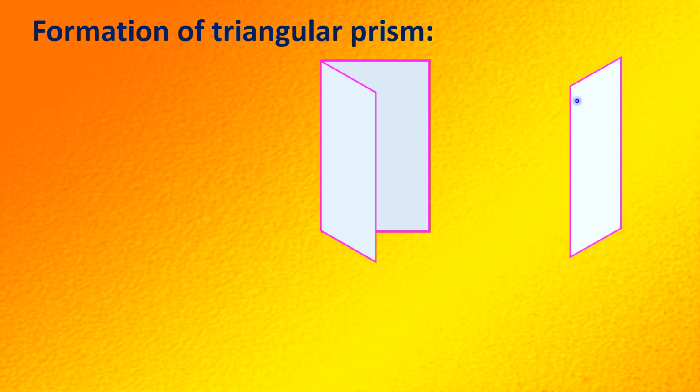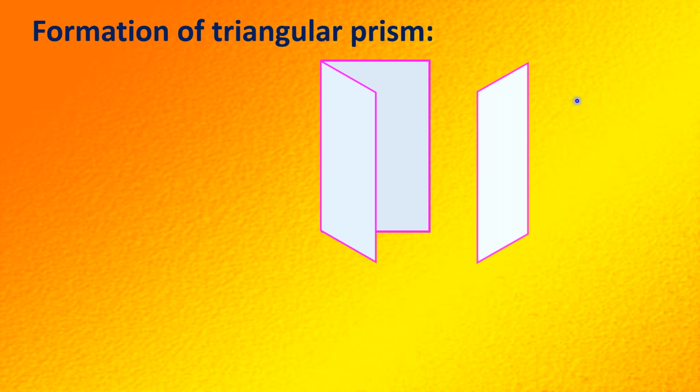That is, these three rectangular plane surfaces are joined or inclined at a certain angle. Take this plane surface, these two are inclined at a certain angle here. Again, these two are inclined at a certain angle here. At that time, what happened here?